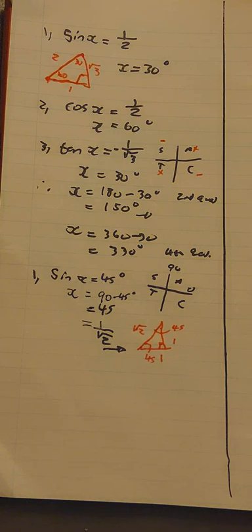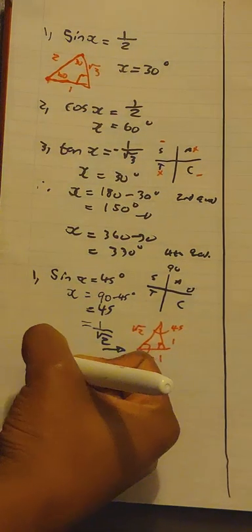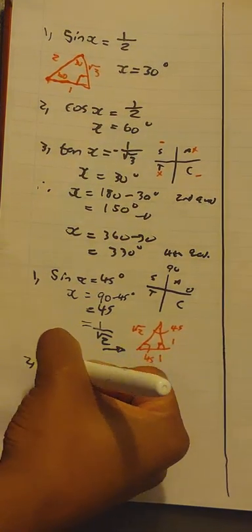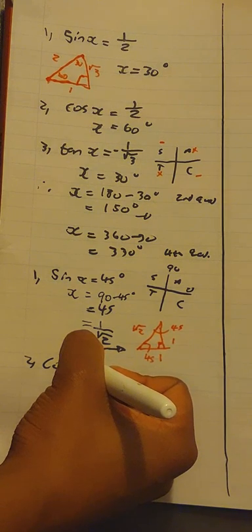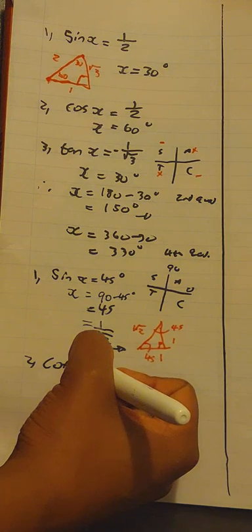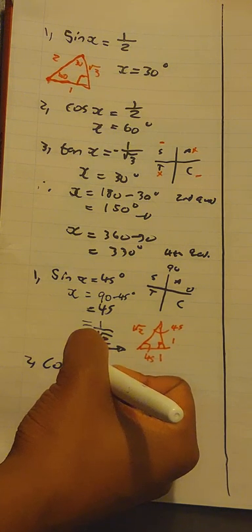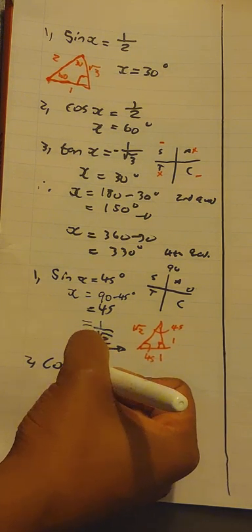Okay, let's use cot 60, number 2. Cot x, cot 60.